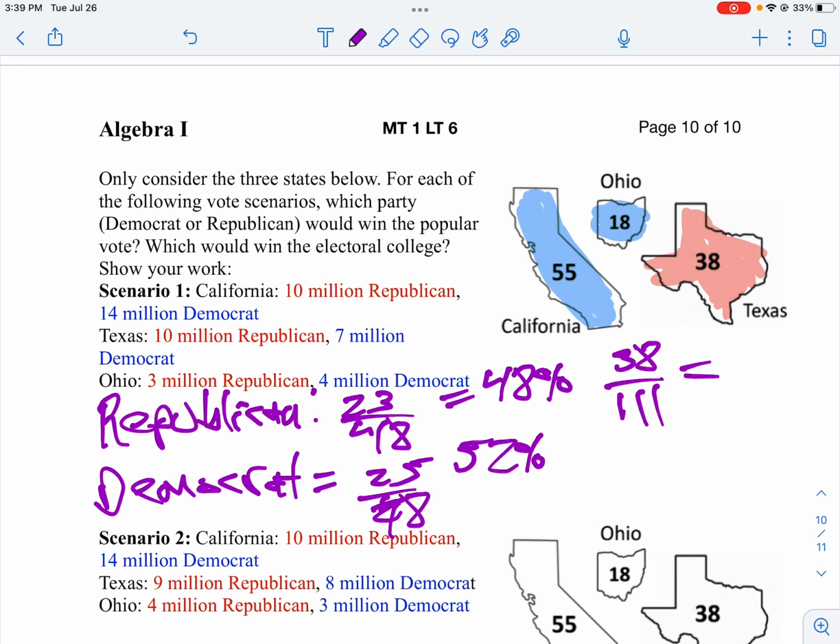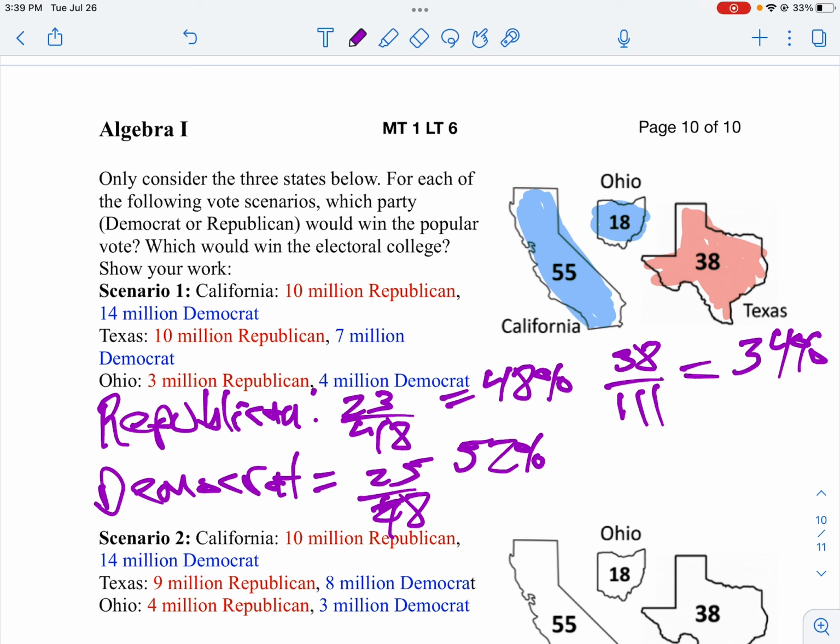If we take 38 divided by 111, we would get 34% of the Electoral College.